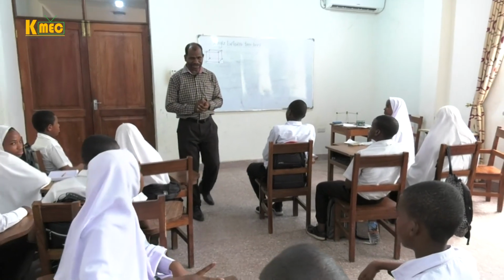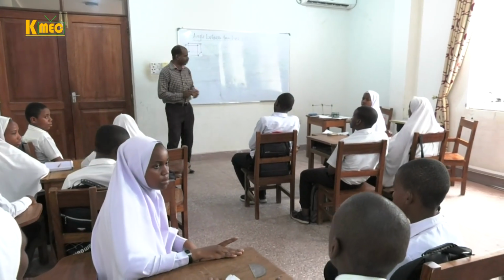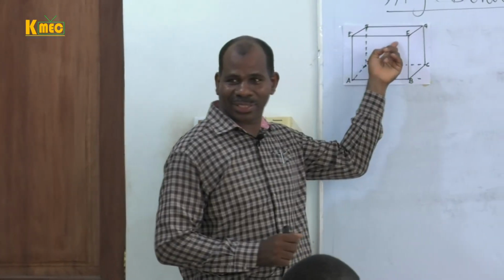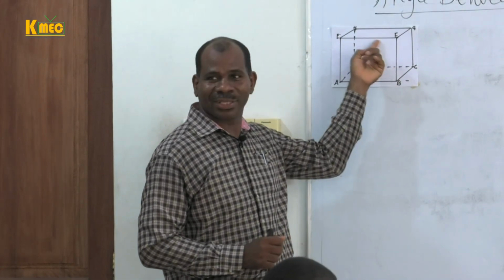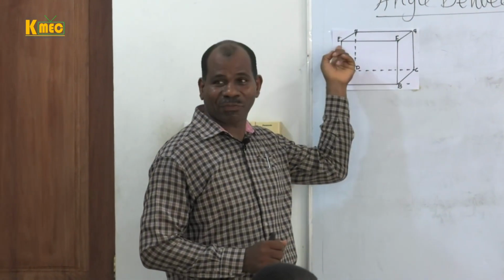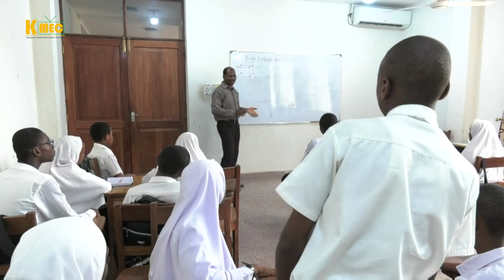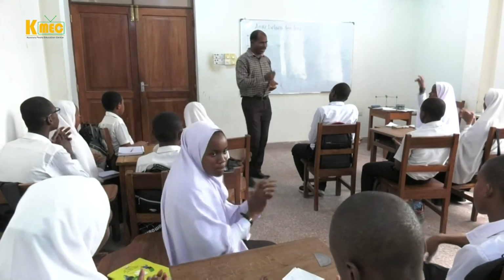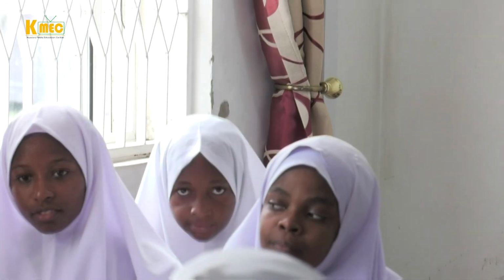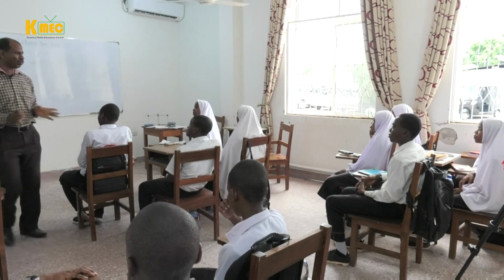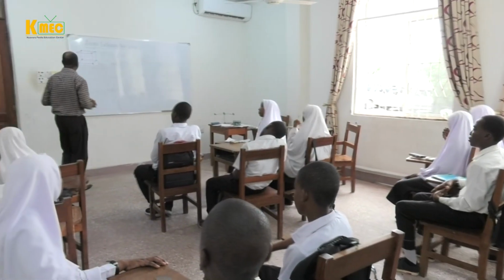Tell me another line. What do we call it? EF. Good. Clap to him. The last one. Yes. Line CD. Good. Clap to that group. Okay, so this is how to identify some lines.